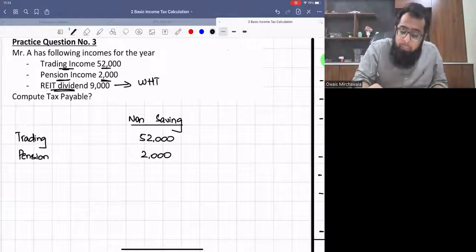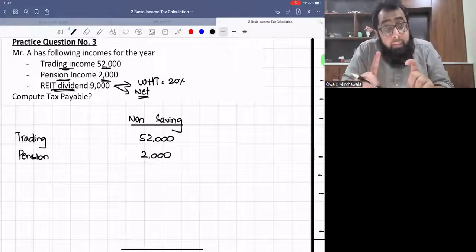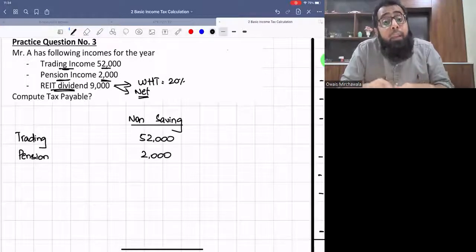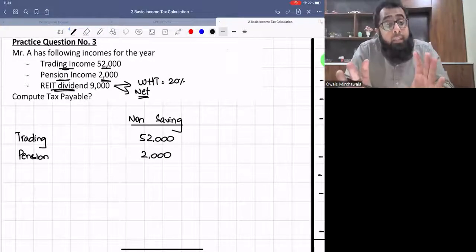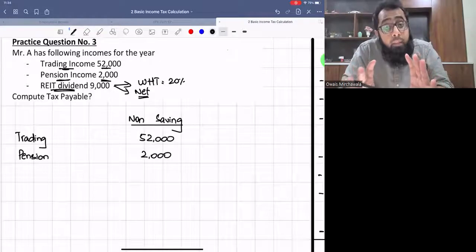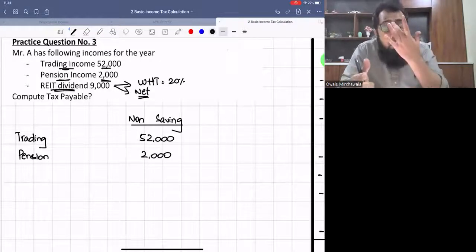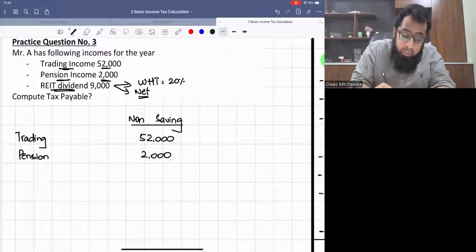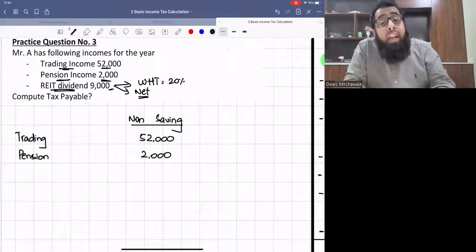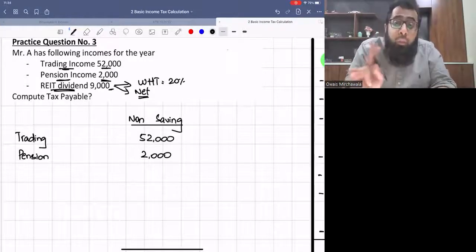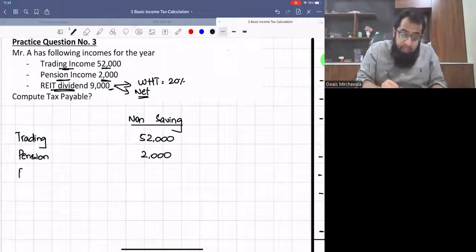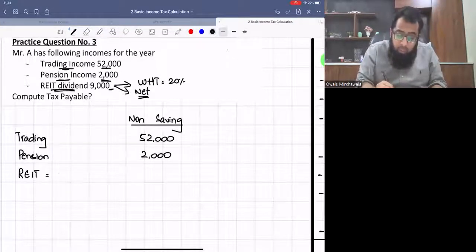Always remember that if the examiner is silent, the income is net. Net means that withholding tax is already deducted. Whenever the examiner is silent, as here, on whether it is net or gross, we assume that it is net. Net means that withholding tax is already deducted, so we will gross it up.